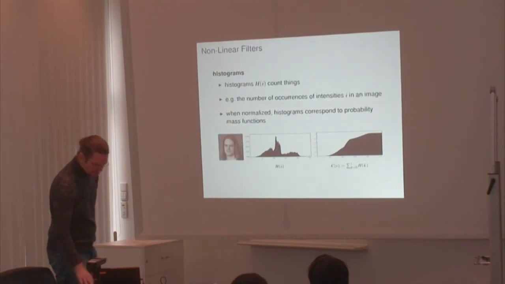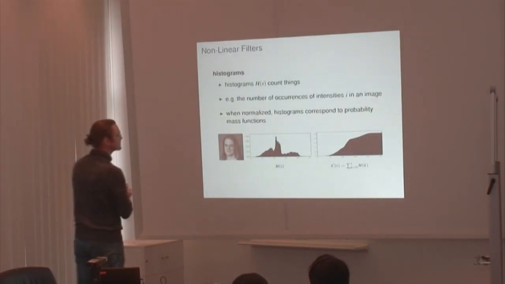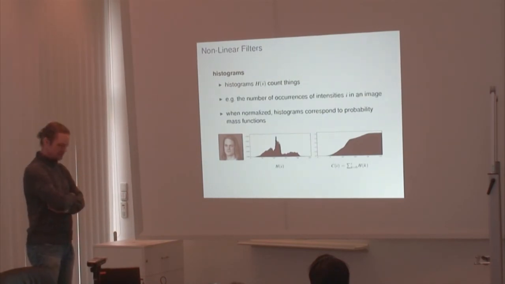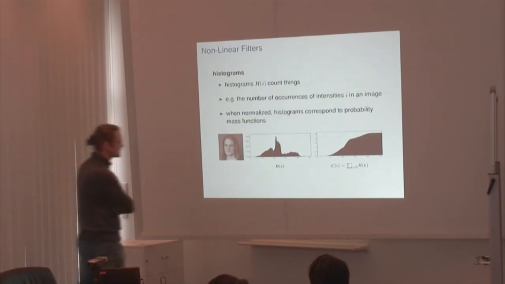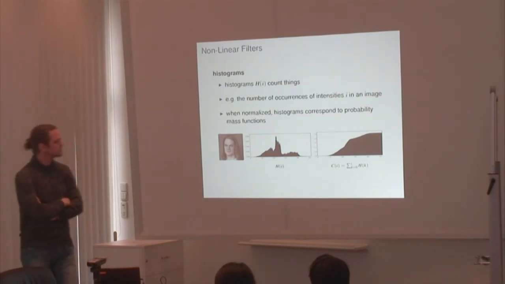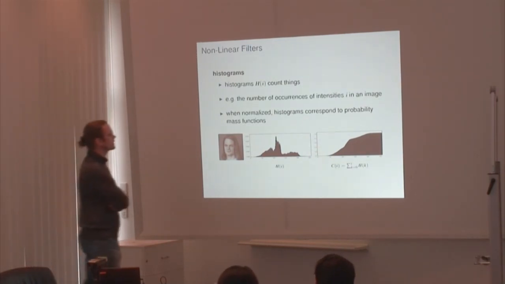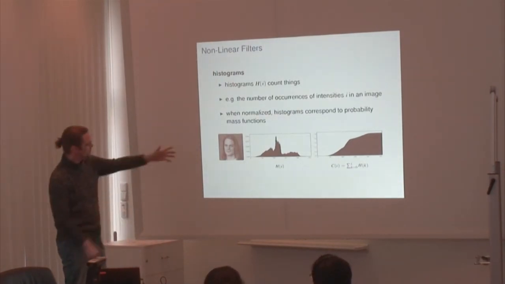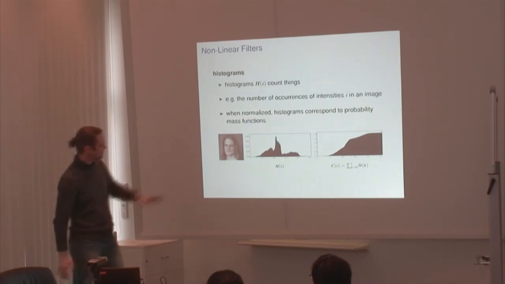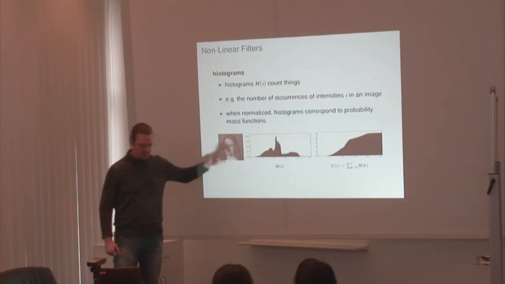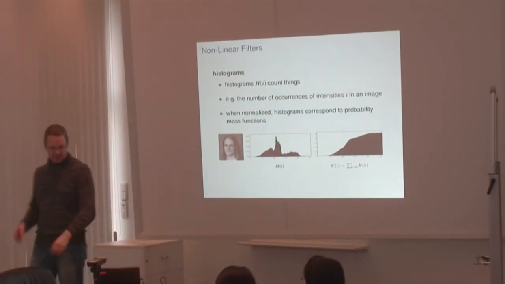And to understand what is to come next, we briefly have to look into the idea of histograms. Usually I don't discuss them because I assume everybody knows what they are, but let's ever so briefly discuss them. Histograms count things. Let's be specific with respect to our application domain. Here is an image. It consists of 256 by 256 pixels.